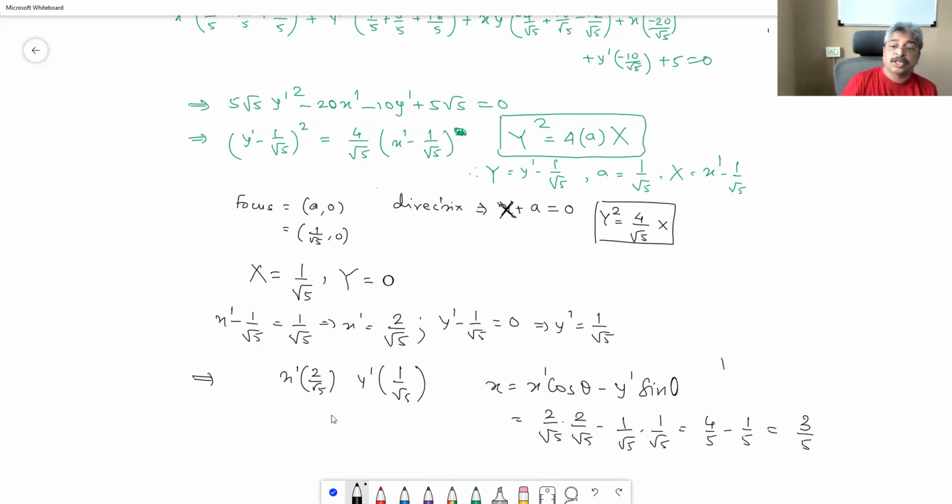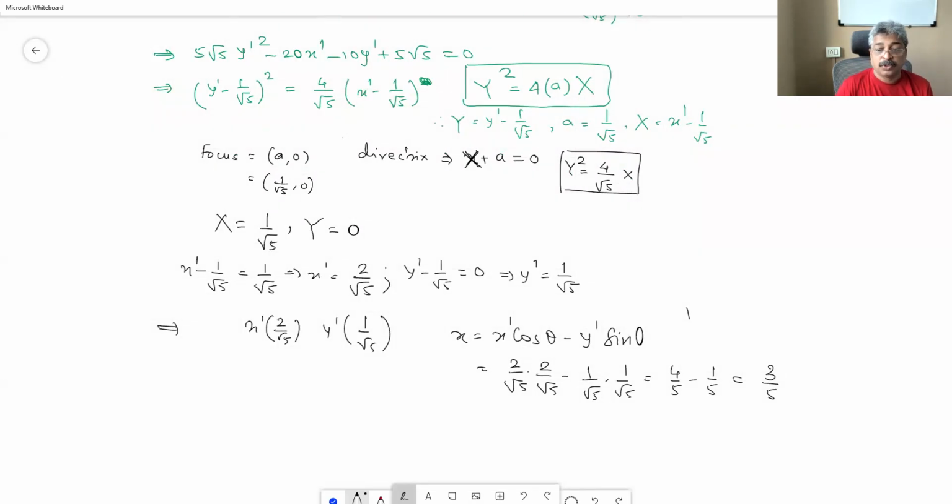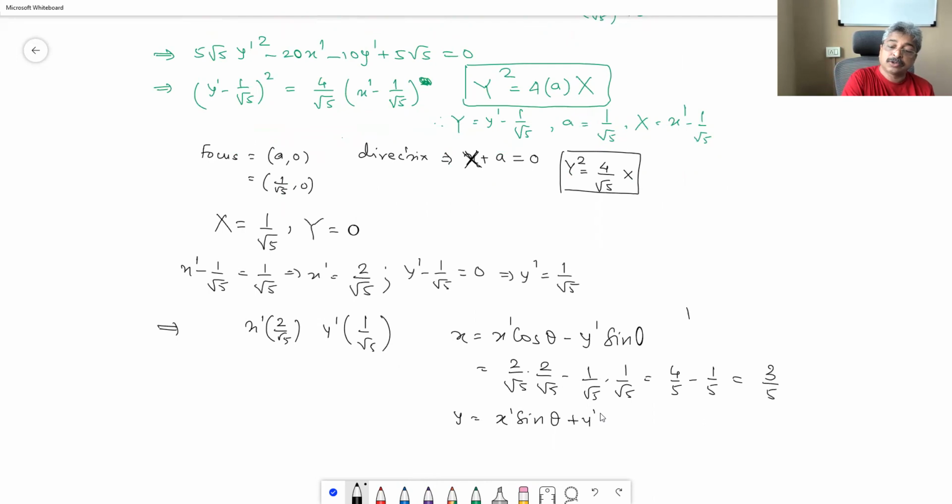So your x coordinate of your focus is 3 upon 5. Similarly, y coordinate is x dash sine theta plus y dash cos theta is equal to 2 upon root 5 into 1 upon root 5 plus y dash is 1 upon root 5 into 2 upon root 5 is equal to 4 upon 5. This is your focus, 3 by 5 comma 4 by 5 is our focus.